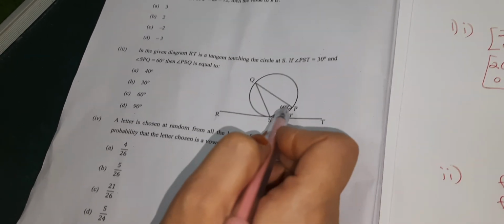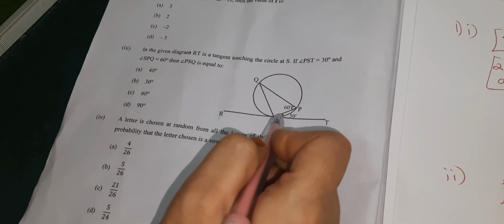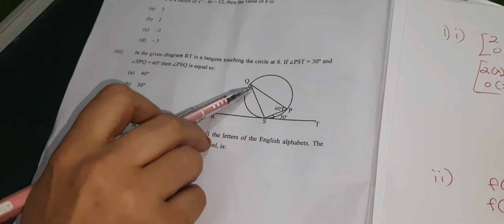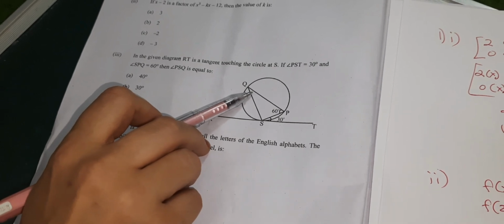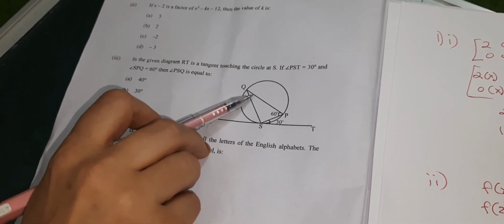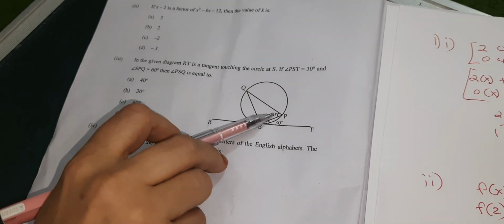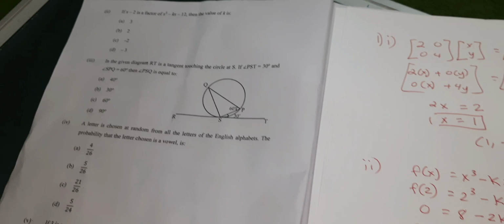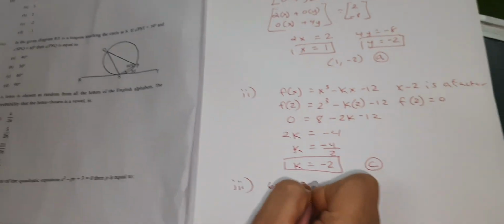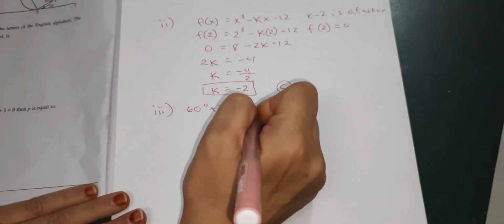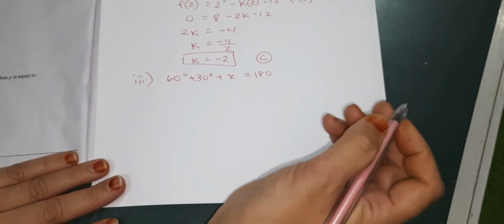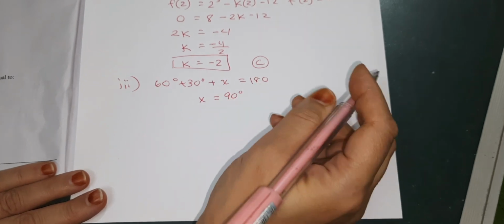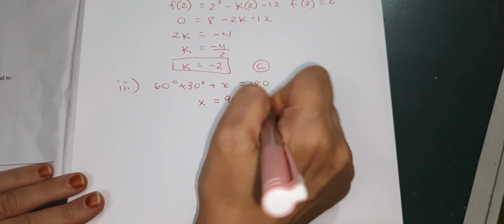Alright, so simply we can say PST is 30 degrees, which means that the angle in the alternate segment, the angle SQP, has to also be 30 degrees. So if this is 30 degrees, this is 60, this has to be 90. So 60 degrees plus 30 degrees plus, we can call that x, has to be 180, angle sum property. So obviously then x has to be 90 degrees. That would be option D.